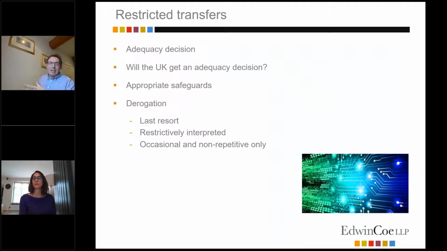So if you've got a data center based in Germany or the Netherlands, and you're continuously accessing it to get your data out, this is very much not for you, and it's very much for the occasional and non-repetitive transfers of data. So I would always look first at adequacy, and then I would look at appropriate safeguards. And it's only really if I can't get one of those that I'm looking at derogations.